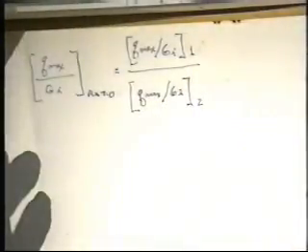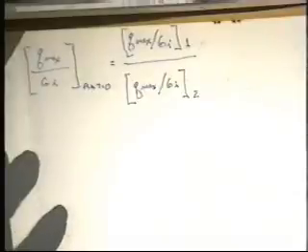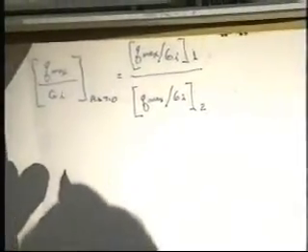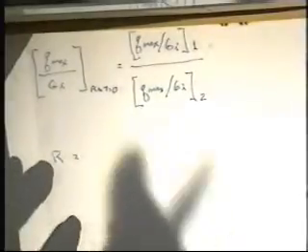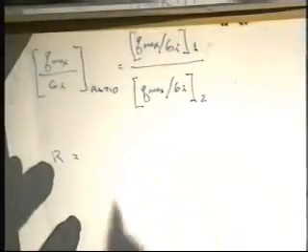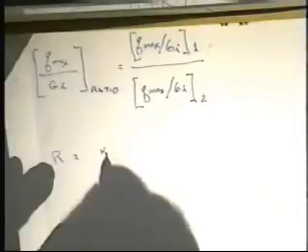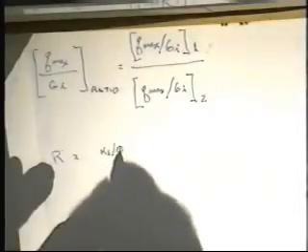Layer 2, the more permeable layer, the less permeable layer. Always in that order. And R, or the ratio, is equal to, we're going to put it in terms of reservoir variables. You know, we gave this before.